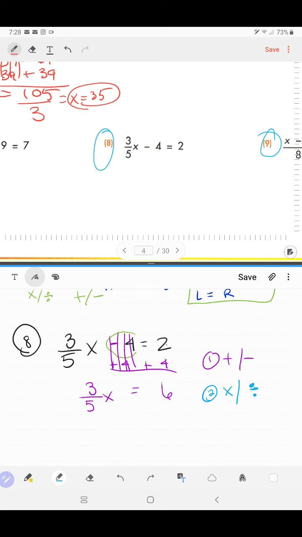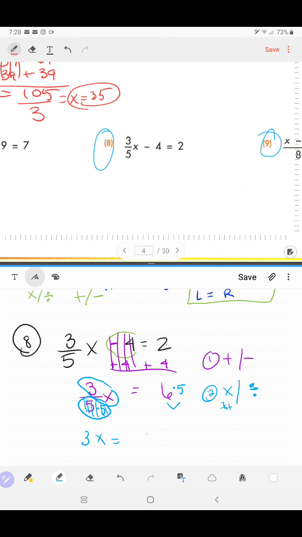So you're actually going to multiply first. You're going to multiply 5, which is the bottom number, because you want to eliminate the bottom first, and multiply it on the other side of the equal sign. That cancels this. 3x comes down.